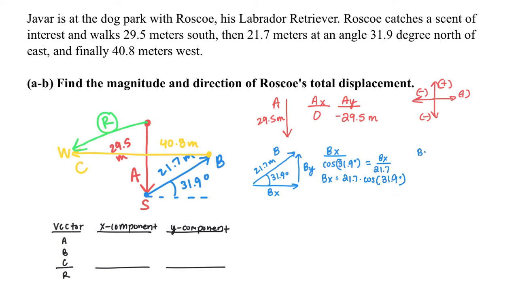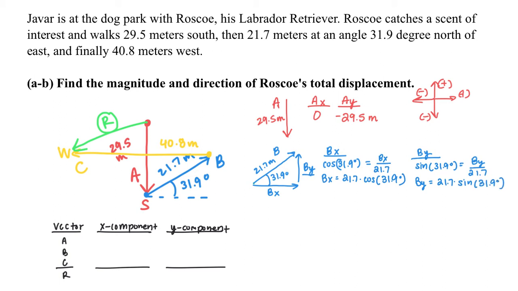And then my B_y would be very similar. It is the opposite side of the angle that I was given. So sine of 31.9 degrees is going to be B_y over 21.7, right? Opposite over hypotenuse. So that means that B_y is going to be 21.7 times sine 31.9 degrees.